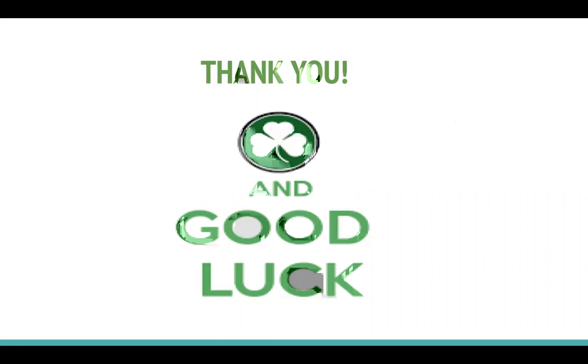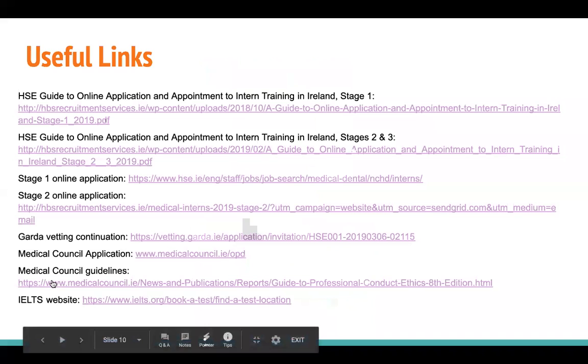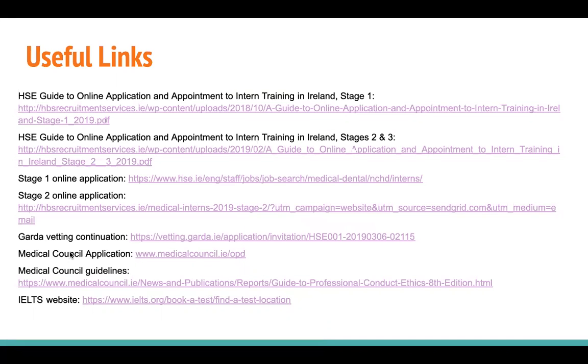Yeah, so in regards to resources for the IEET test, I put a link so you can go back and look at it. The main thing was the Medical Council ethics guide. Where did I put this? Sorry, 1 second, guys. Yeah, it's the second last link there.